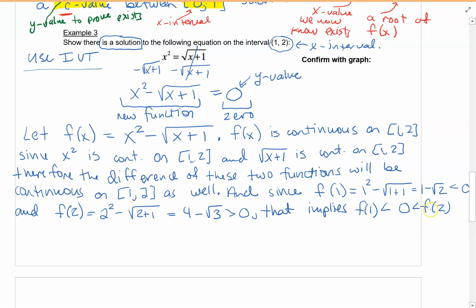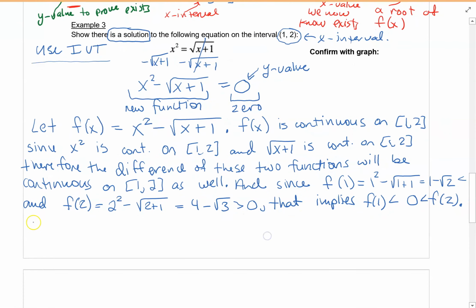So we know the function's continuous. We know that 0 is a y value that falls between the endpoints. So that implies, so therefore, by IVT, this is where we state our x interval a second time. And maybe I'll just call it x.